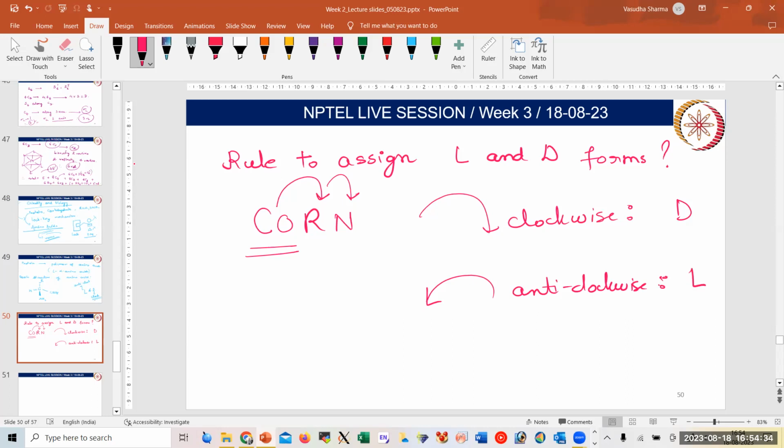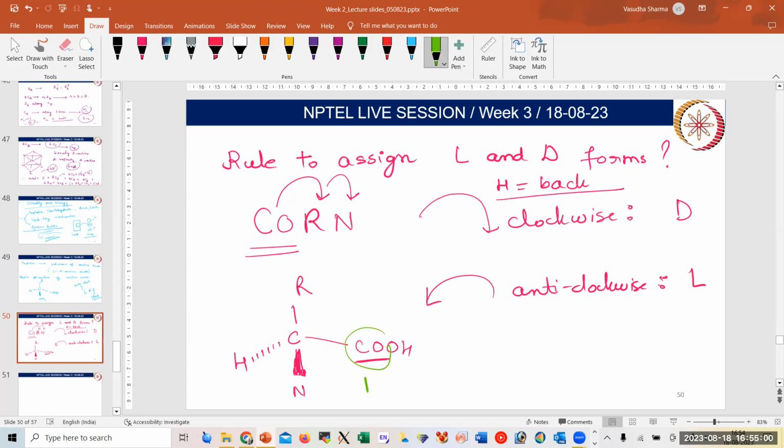Say, for example, I am taking this general R group, keeping in mind that H is at the back, not at the front, this way. So now this is COOH. You have to start with this one.